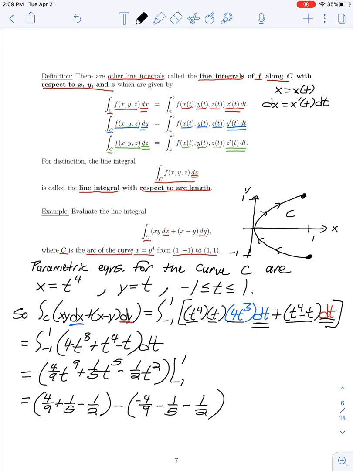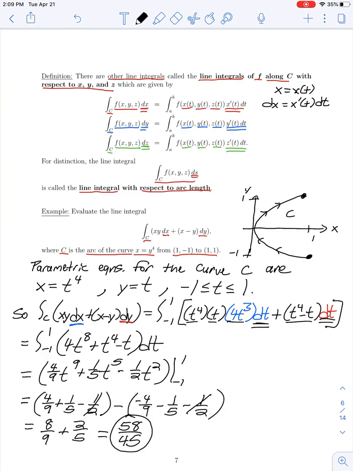So here we can see when we combine these, our -1/2 minus the -1/2 will cancel. We're left with 4/9 plus 4/9, or 8/9, plus 1/5 plus another 1/5 is 2/5. So this gives us 58 over 45 for this integral.